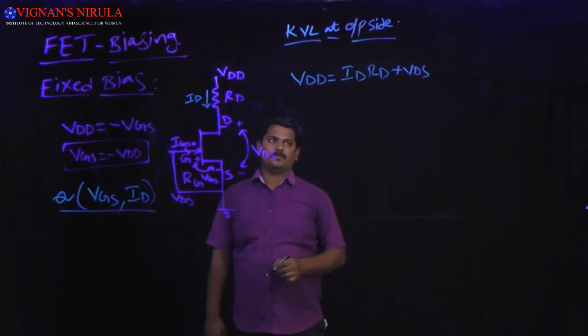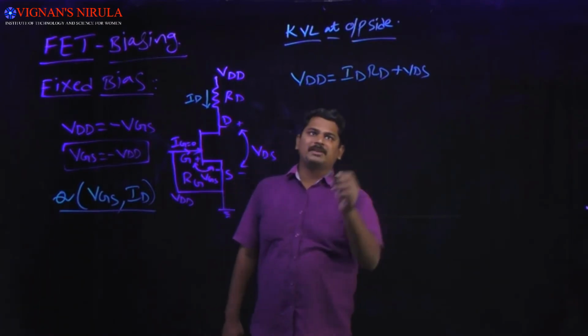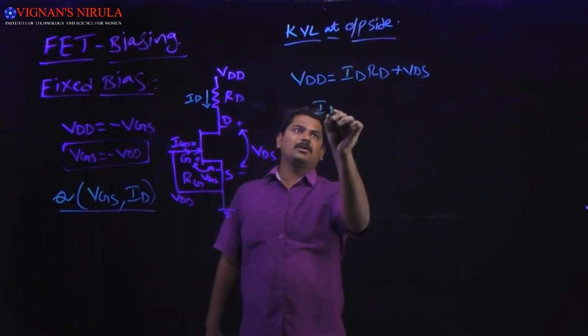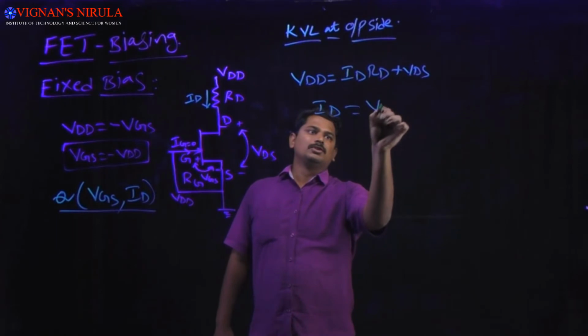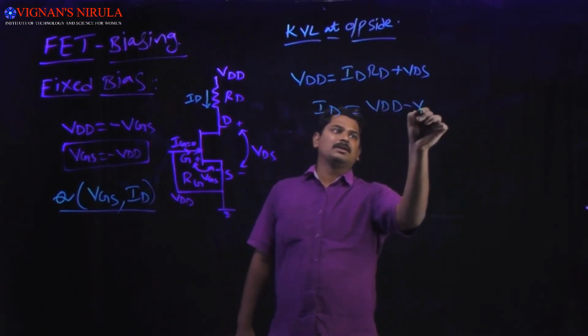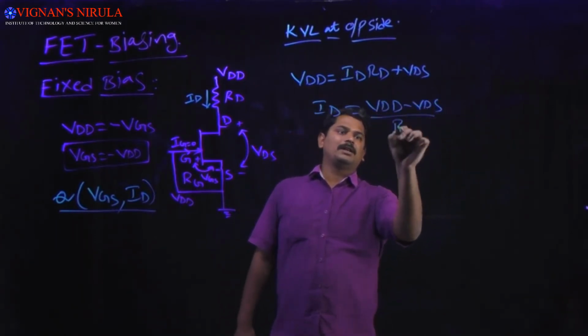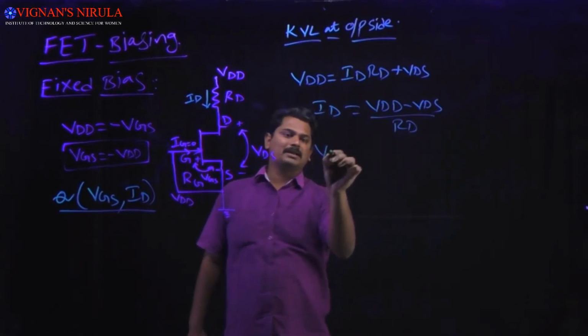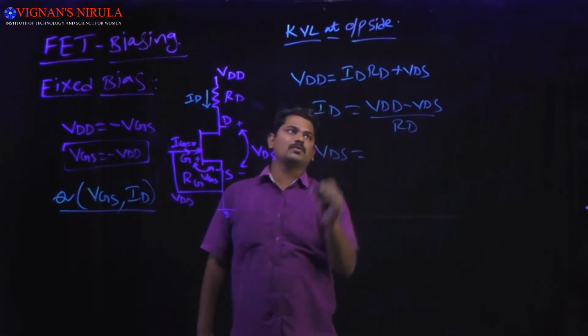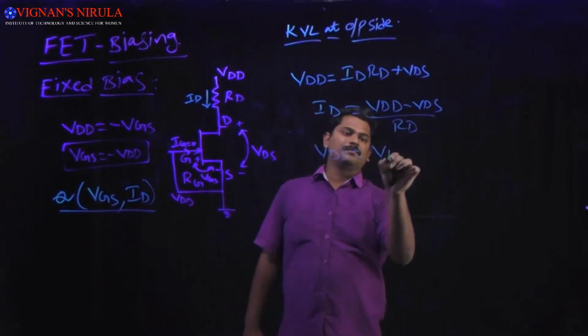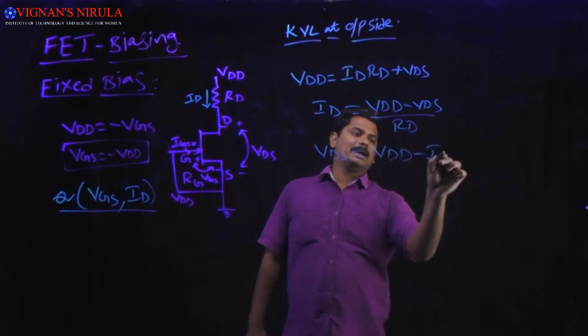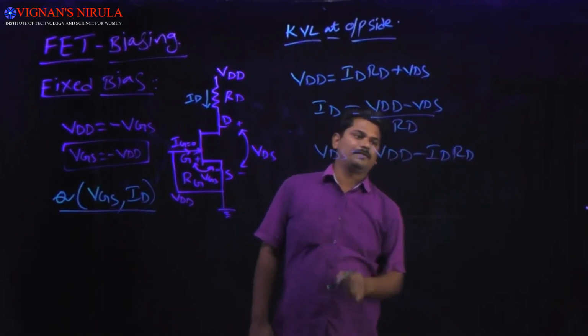Now, from this we can write that the value of ID is equal to VDD minus VDS divided by the value of RD, or we can write that the voltage across the drain and source is equal to VDD minus ID into RD.